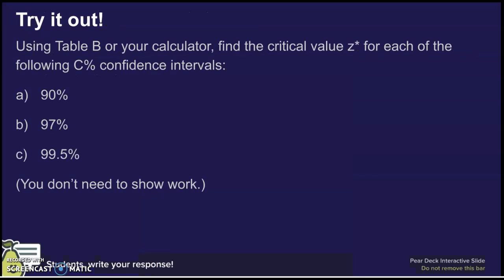All right, try it. Either your table or your calculator, find the critical value z star for each of the following confidence intervals.